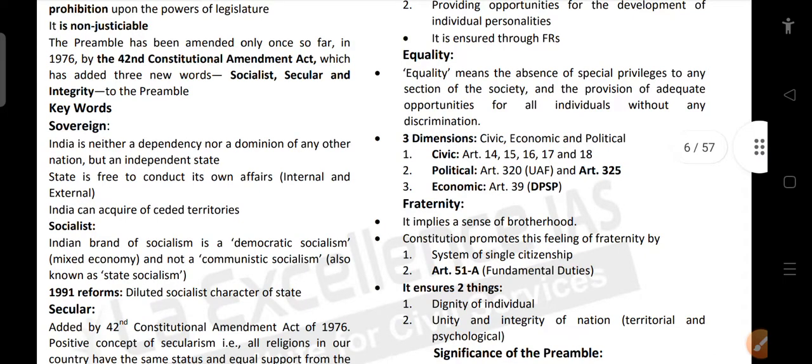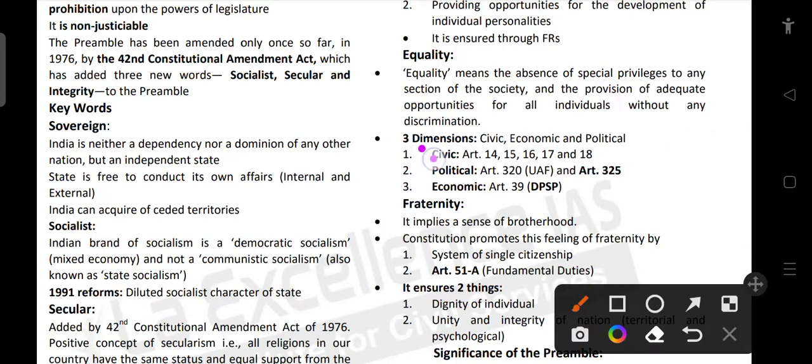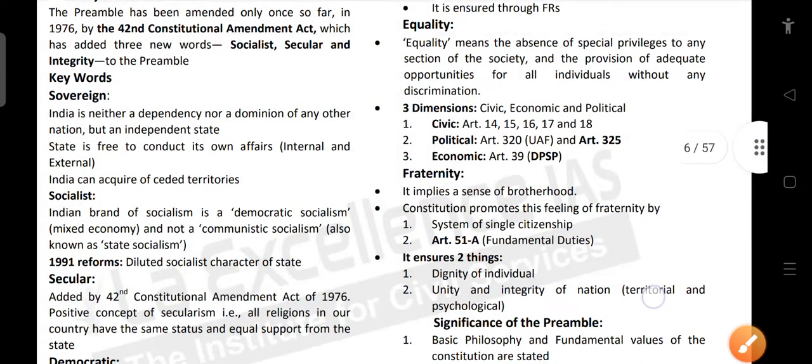There are three dimensions of equality: civic, political and economic. The civic rights are covered in fundamental rights, Articles 14 to 18. Political is covered in Article 326, Universal Adult Franchise, and Article 325. And economic equality is mentioned in Article 39, which is DPSP.